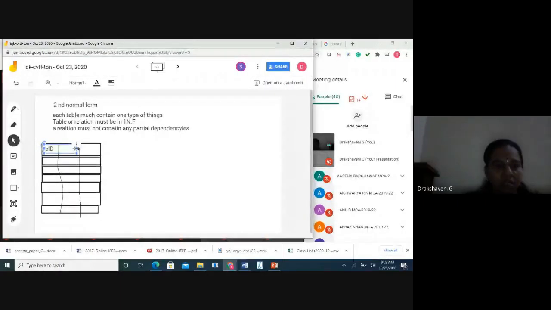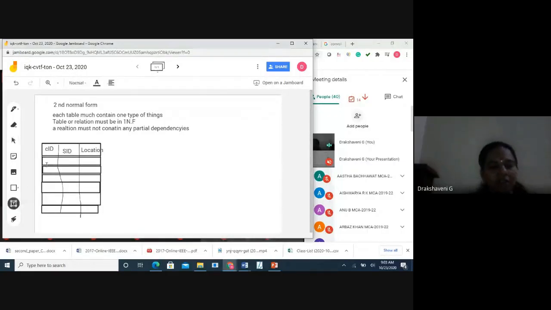First one is ID, next one I am taking store ID, to make it short I am giving some abbreviations, and the last one is location. So the first column is customer ID, second one is SID, next one is location. Now I will enter values.